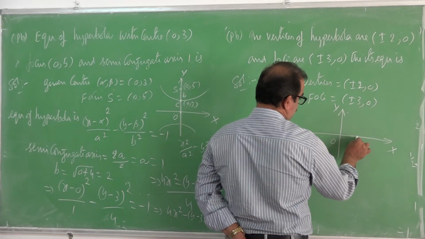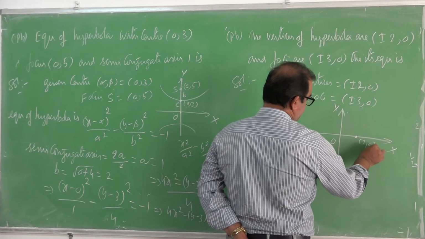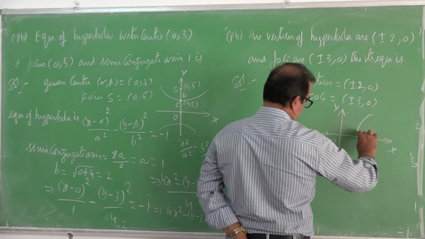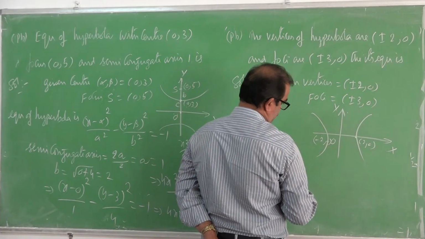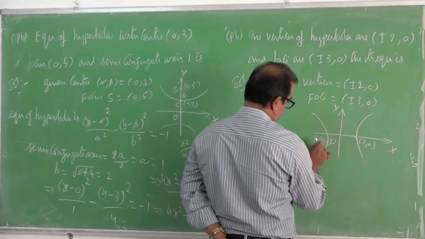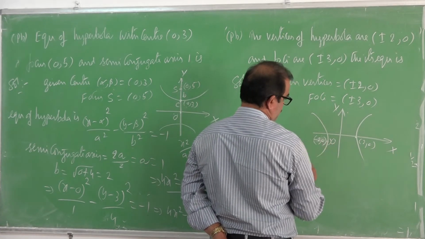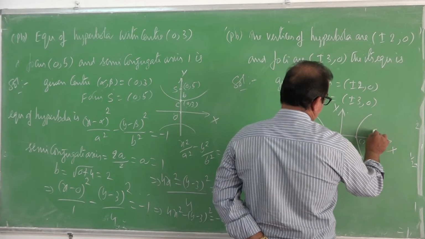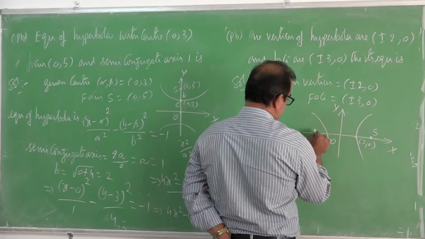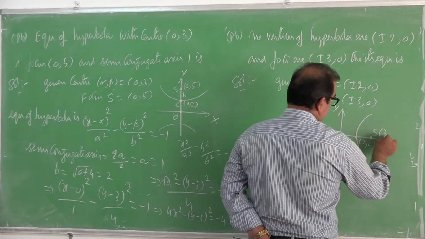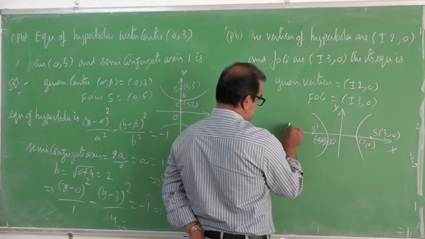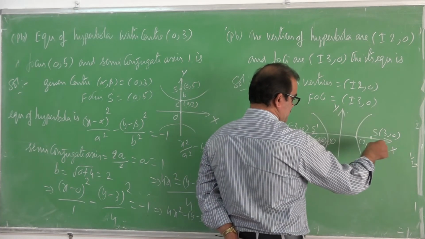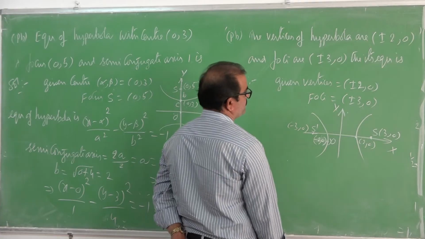Vertex plus 2, that is 2 comma 0, and this point minus 2 comma 0. Next, focus is given: S is 3 comma 0, S dash is minus 3 comma 0. So the hyperbola is in standard form.